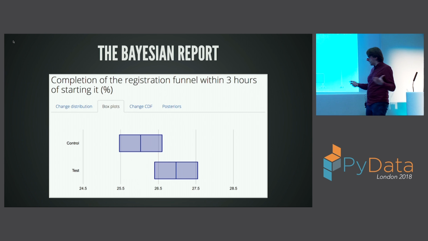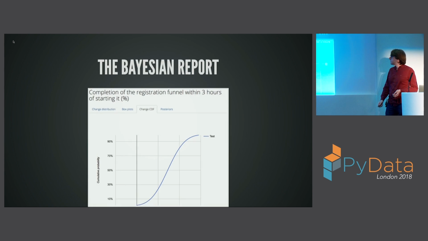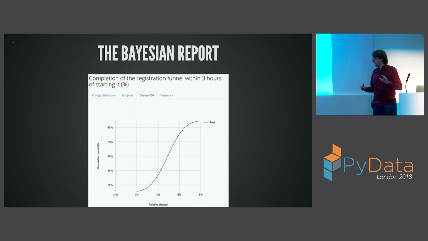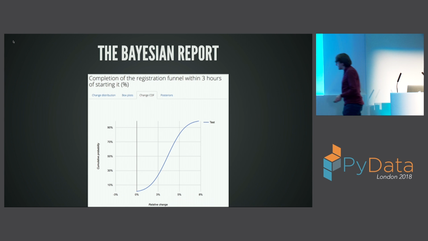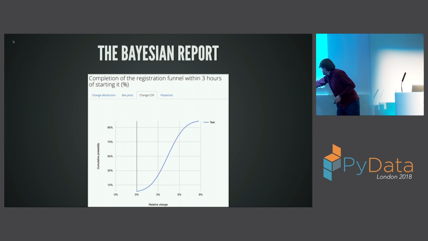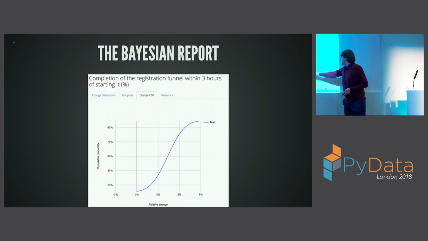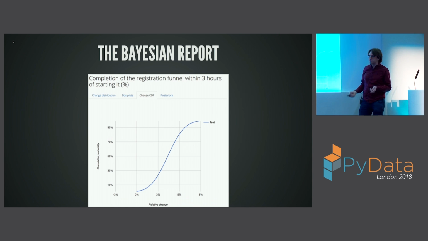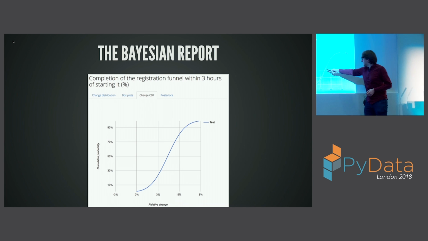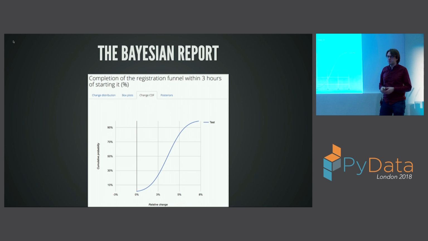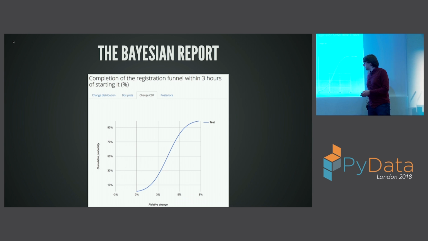We can actually look, if we really want to, at the cumulative distribution function. This is a bit of a weird one to try and think about. But for instance, at this 50% line, that is a 4% improvement, which means we're 50% sure there's at least a 4% improvement here, or we'll be 50% sure the improvement is up to 4%.